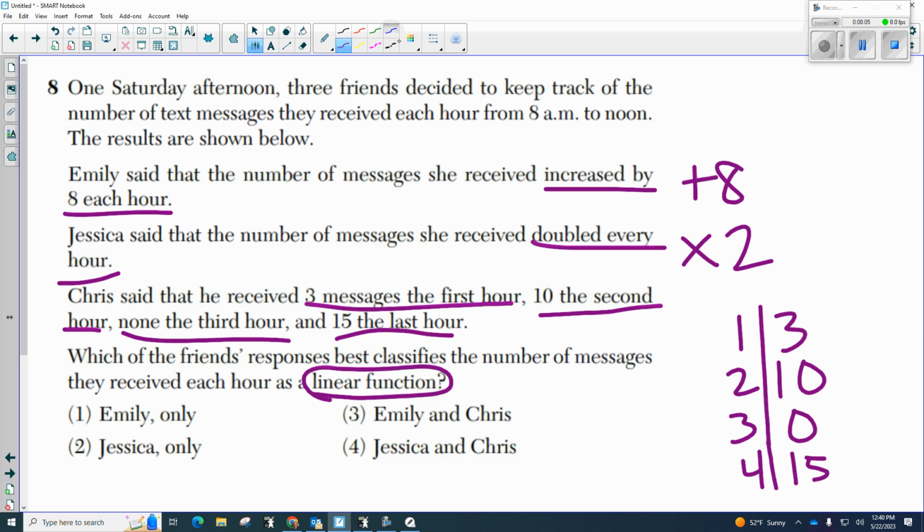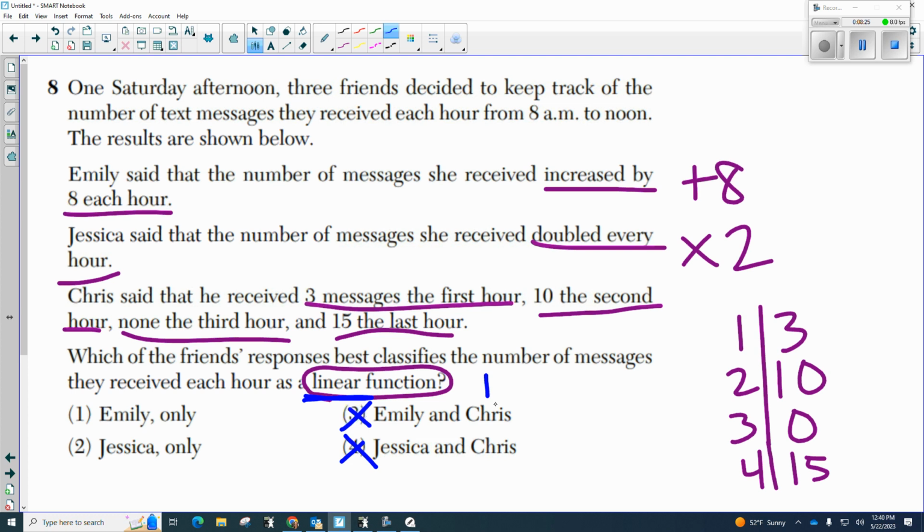So when we look at which one is a linear function, which one do you think it is? We can eliminate the ones with Chris because Chris doesn't really have a pattern. But do you remember what a linear function is?